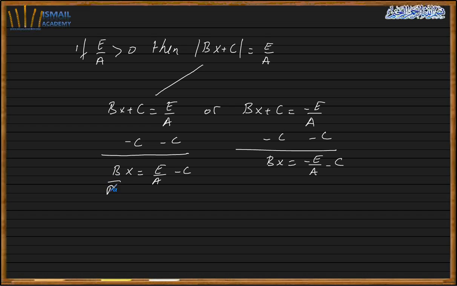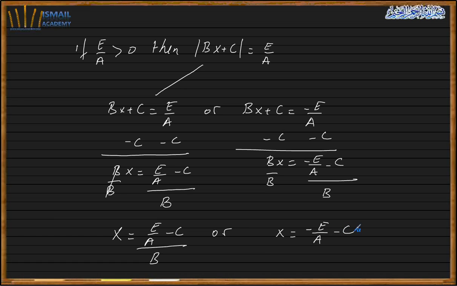I divide both sides by b. So we end up having x equal e over a minus c, the whole thing divided by b, or x equal minus e over a minus c, the whole thing divided by b.